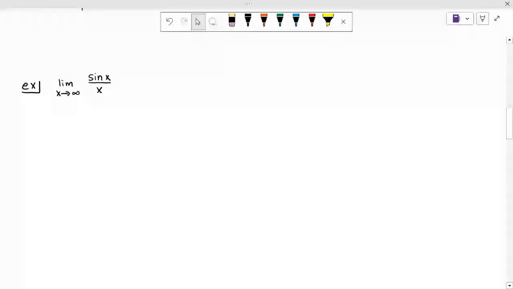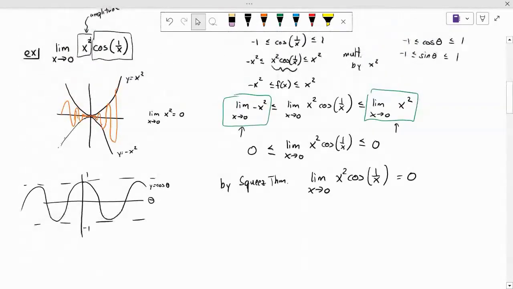Now, by the way, in the previous example, x equals 0 is a candidate for a vertical asymptote. That's because when x is 0, we'd be dividing by 0. And so we took the limit as x approaches 0, and we got that the limit is 0.